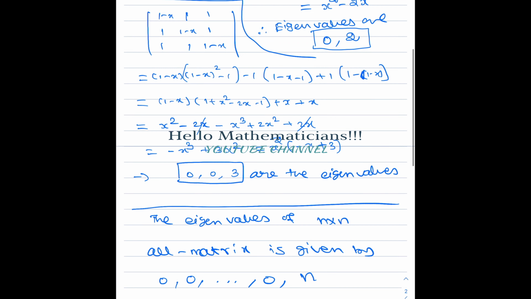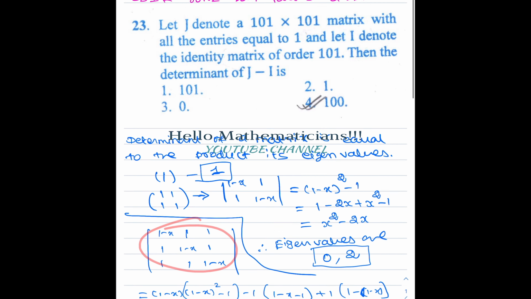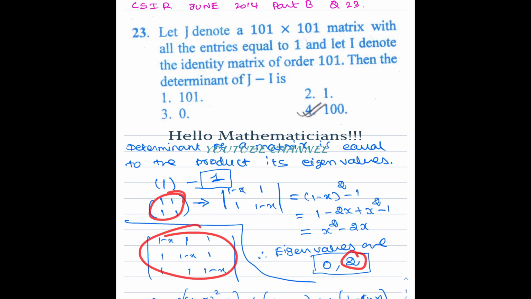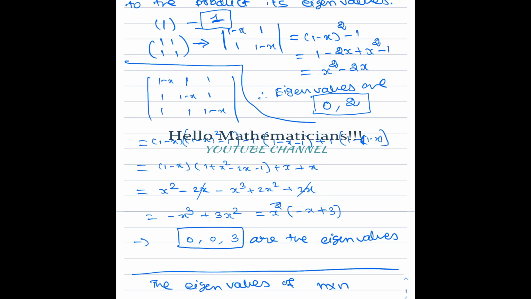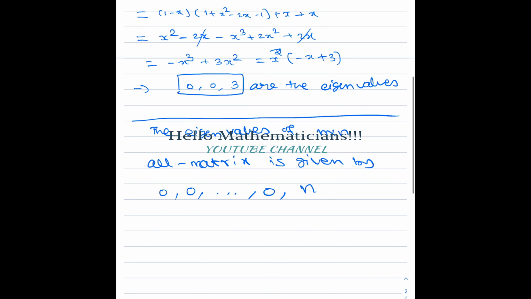If it is a 3 by 3 all one matrix, we get 3. If it is a 2 by 2 all one matrix, we get 2. If it is a 1 by 1 all one matrix, we get 1. Therefore the order of the matrix is always an eigenvalue, and the remaining eigenvalues are all 0. So 0 appears n minus 1 times, and n appears 1 time.